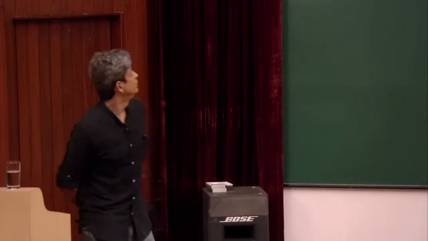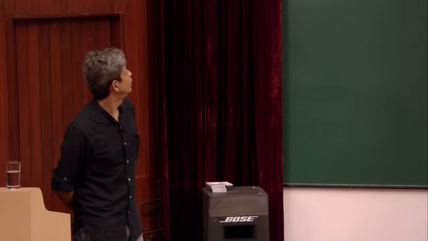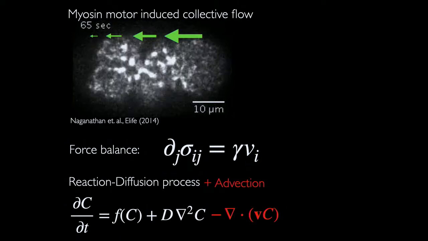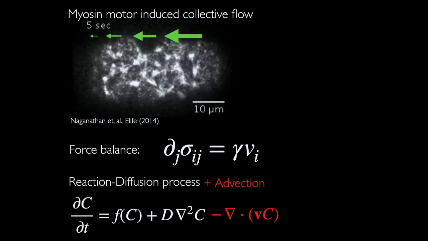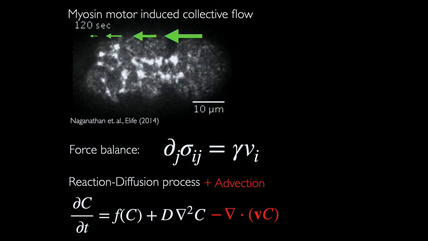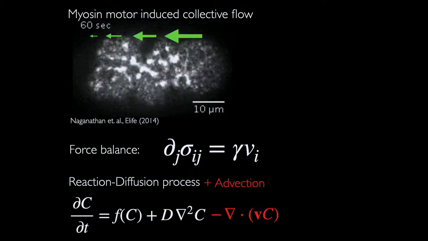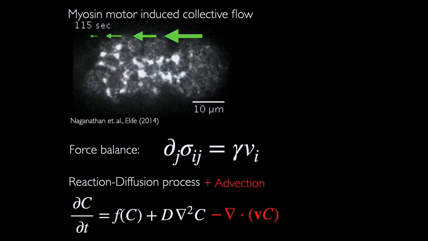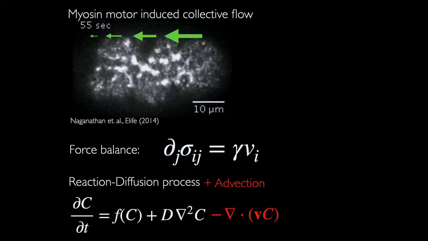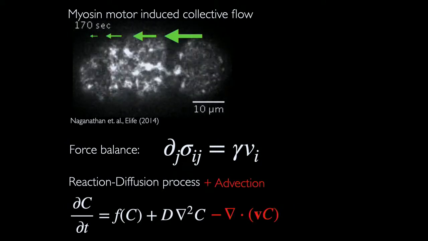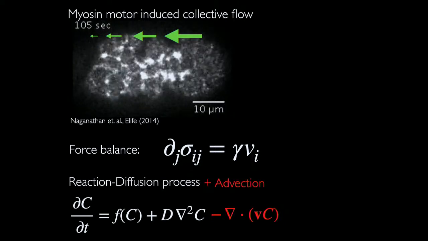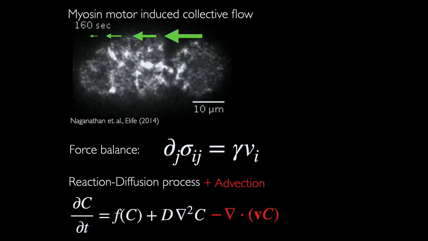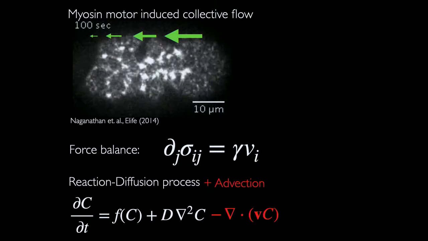And I was curious, what exactly is this picture showing, the movie that you're running? What are those bright spots? Yeah, good question. I think these bright spots are the myosins, which are very clustered in the actin network, if I remember correctly. You cannot resolve the individual myosin motors because of the resolution. But what you see is a collective flow which is generated, and the reason is that this whole actomyosin network has a gradient.